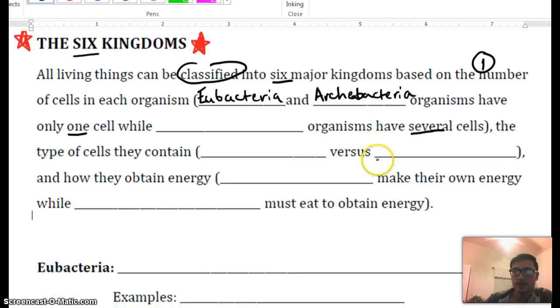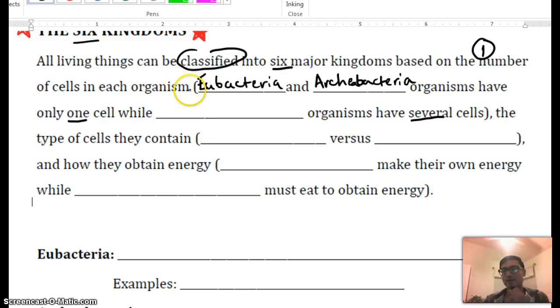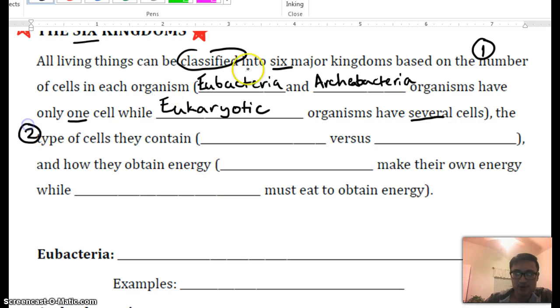So eubacteria or archaebacteria are only going to have one cell. If you're going to have several cells, you're going to be a eukaryote. So eukaryotic organisms are going to have several cells. They can also be based on the type of cell. So the first one was number. You could be one cell, eubacteria or archaebacteria, or you could have several and be eukaryotic. So that one kind of hints that they're going to be bacteria.